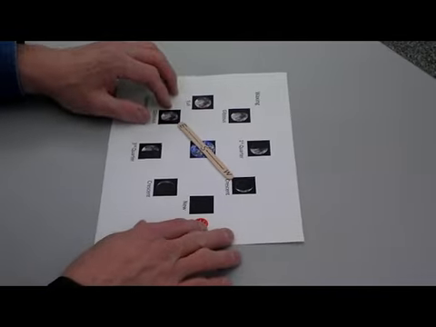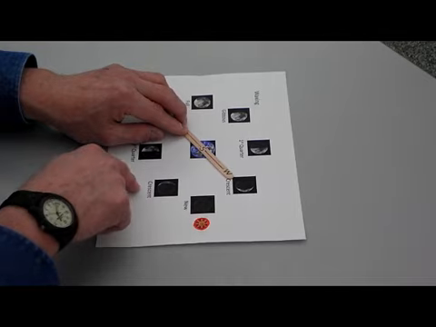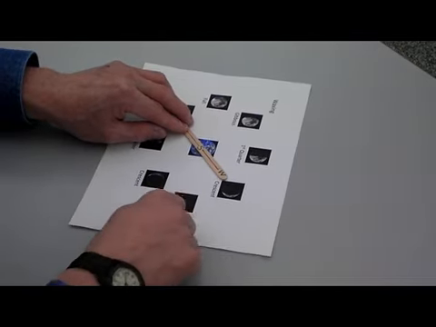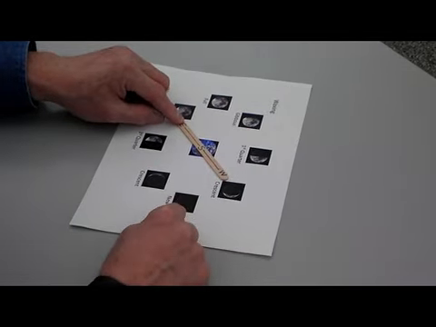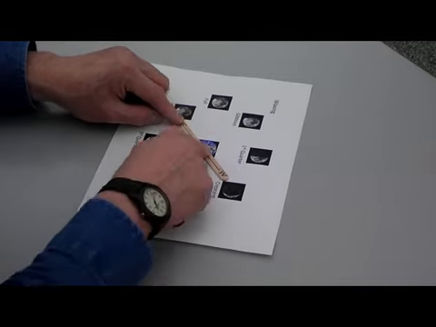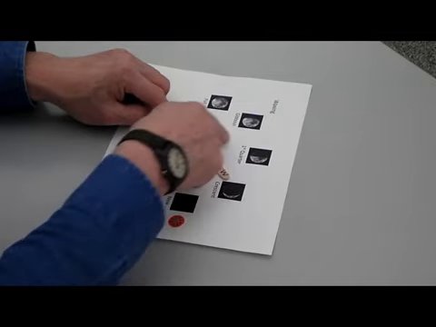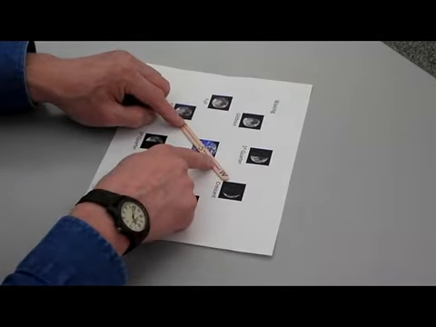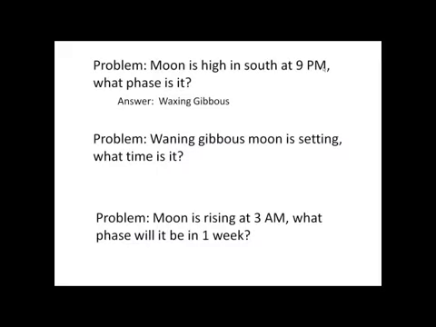Again, keeping in mind that relative to the virtual horizon, this is noon, this is midnight, and this is 6 a.m., 6 p.m., 9 p.m. So here we have the sun at the 9 p.m. position, and we can read off of this lunar phases calculator that high in the southern sky is the waxing gibbous phase. The answer, as we saw, is the waxing gibbous phase.